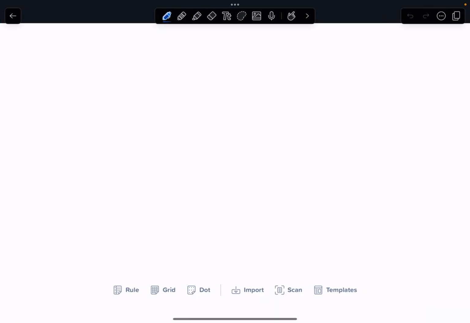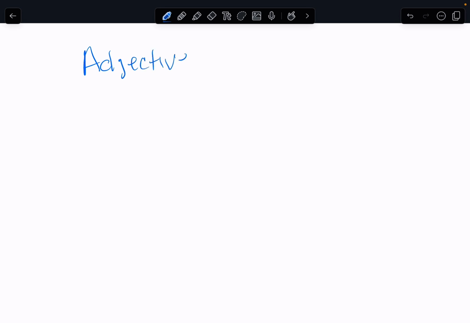Okay, so the first thing that we talk about is adjectives. Adjectives are describing words. Okay, so when an adjective ends in an O, it has 4 forms.